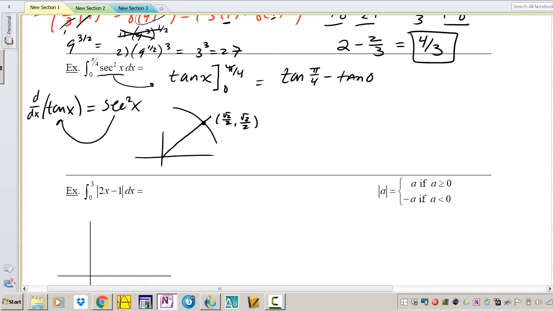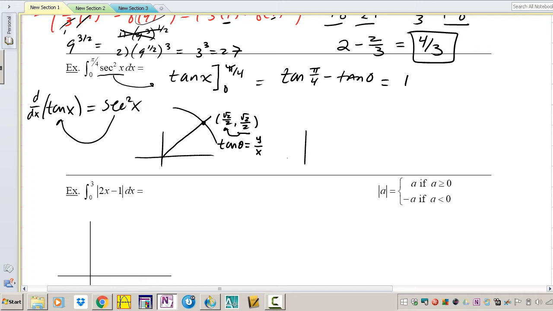You should also know that tangent of any angle is the y coordinate over the x coordinate. So it's going to be the square root of 2 over 2 divided by the square root of 2 over 2, which you already know is 1. Any number divided by itself is 1.